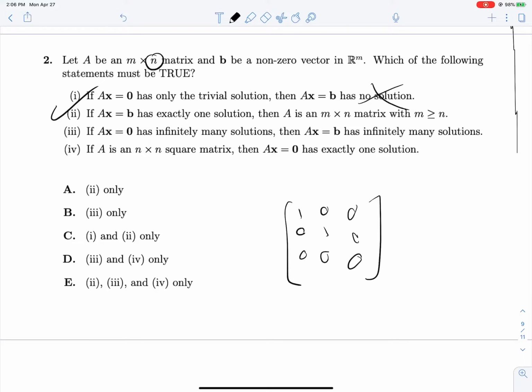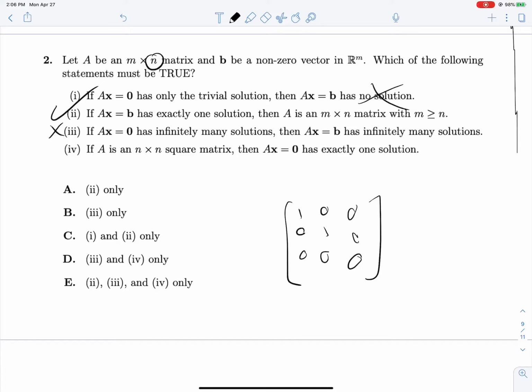So if you choose a B vector in the xy plane, you will get infinitely many solutions. But if you choose a vector that is not in the xy plane as your B, you will get 0 solutions. So this is false.